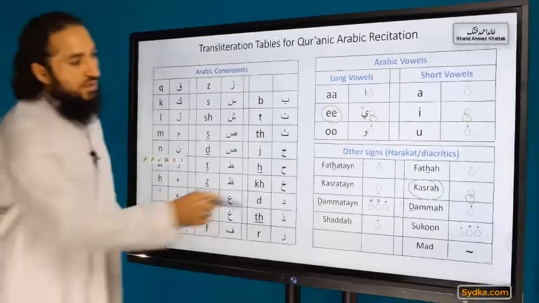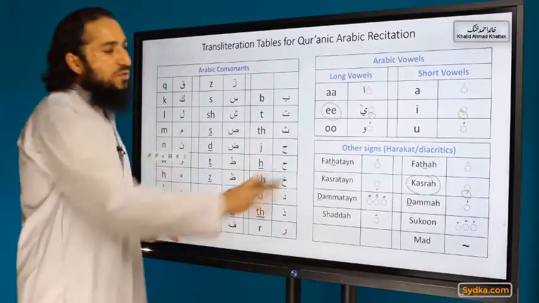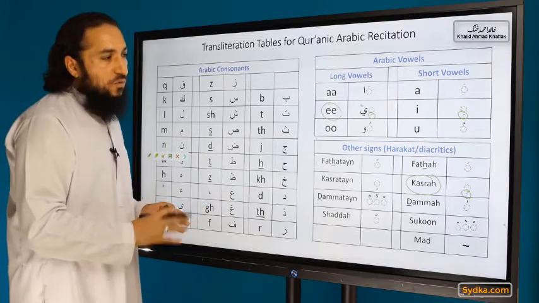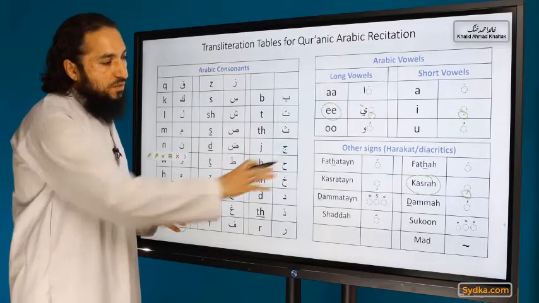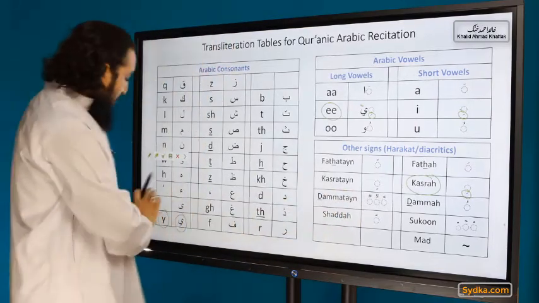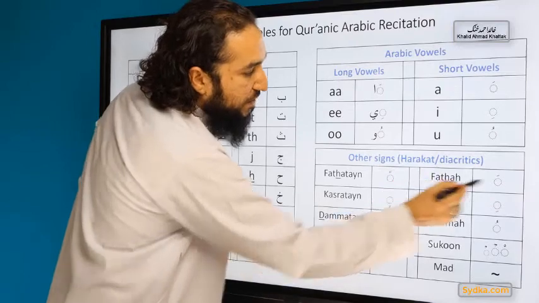There are other signs we haven't mentioned, so I'll just briefly explain those as well. We will discuss that in future sessions, but since this is the last session for the Arabic alphabet, for the Arabic language, we will explain that briefly. We have already explained the fatha, so that's the fatha sign.